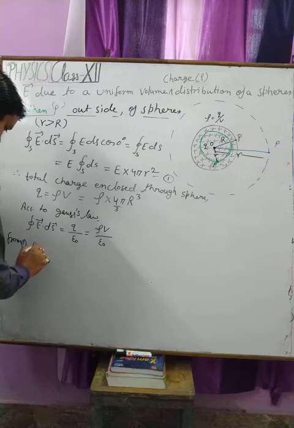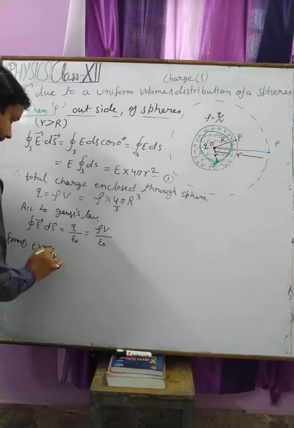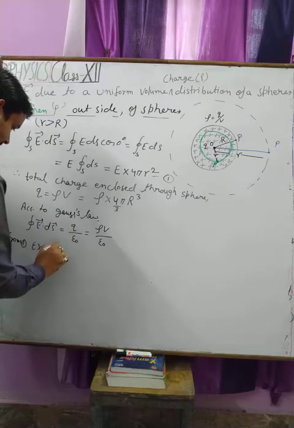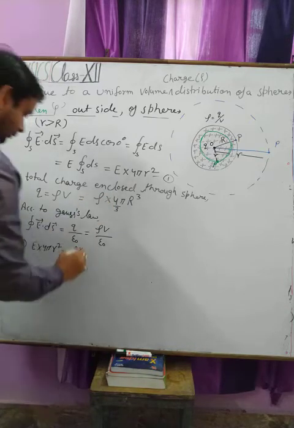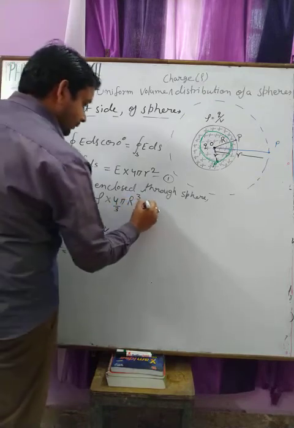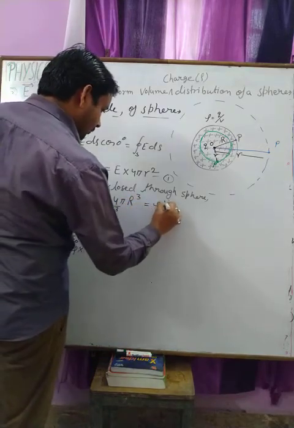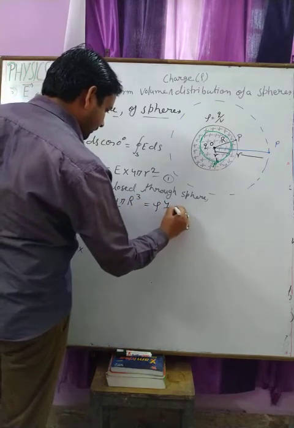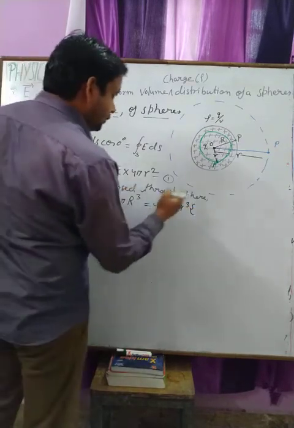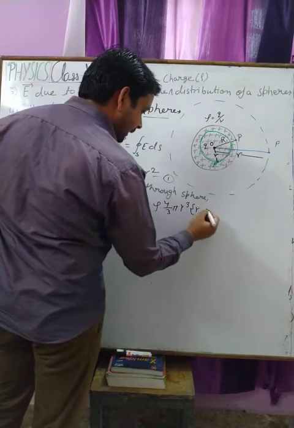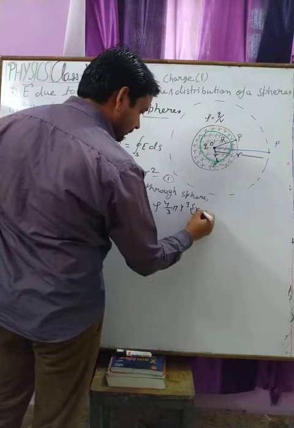E into 4 pi r square is equal to rho into this value. Here we can change this rho into 4 by 3 pi r cube, because you all know we are using this value of r.